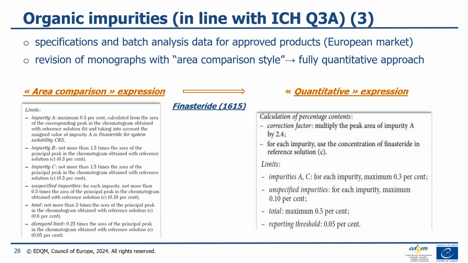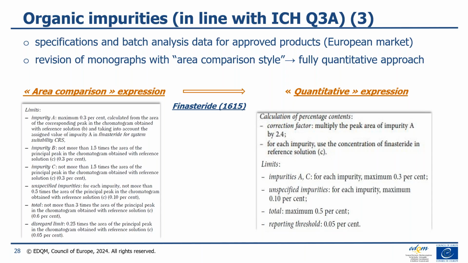The limits of the impurities in a monograph are set taking into account the approved specifications and also batch and stability data provided by the manufacturers.